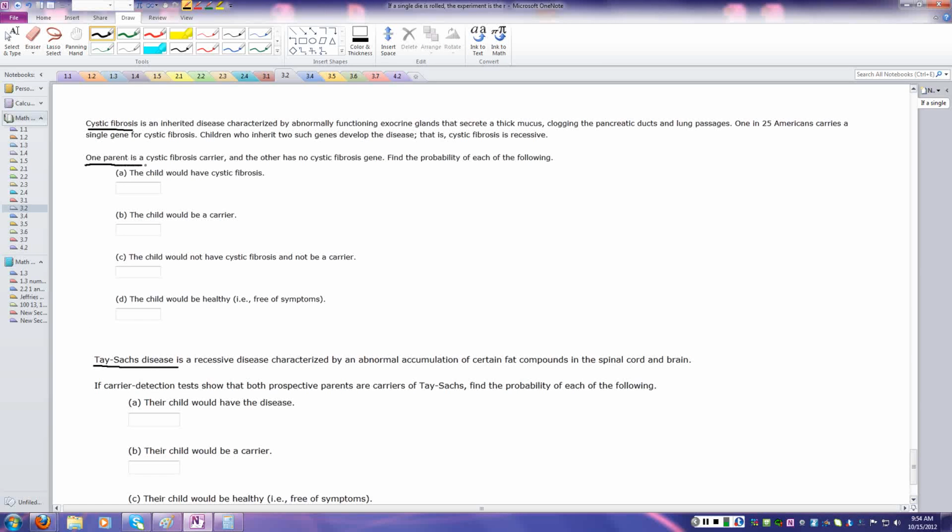So one parent is a cystic fibrosis carrier. So this would be NC. And the other has no cystic fibrosis gene. So this is NN. So if I have a parent that's NN and I cross it with a parent that's NC, and I put it in my Punnett square here, then I have NN, because one comes from this parent and one comes from here.